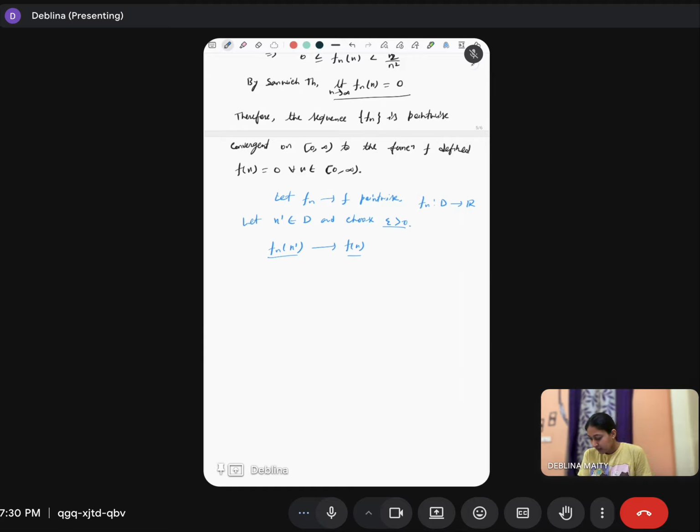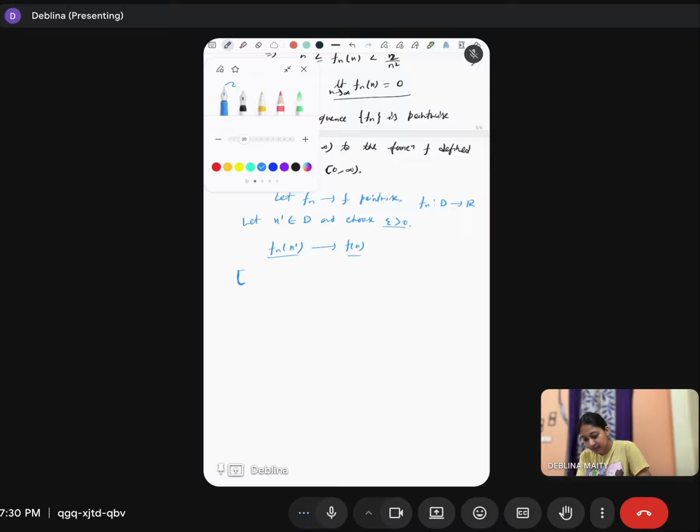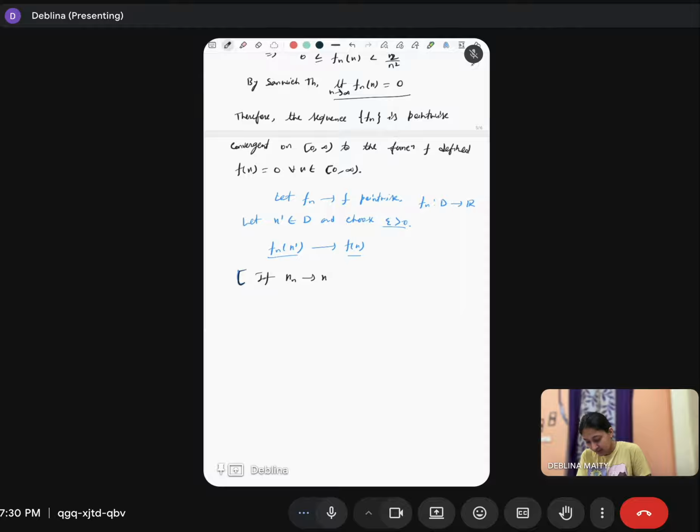Now for limits, we know that x_n converges to x if and only if, given any epsilon greater than 0, there exists some natural number N belonging to the natural number set such that |x_n minus x| is less than epsilon for all n greater than or equal to this capital N. This is the epsilon definition of limit.